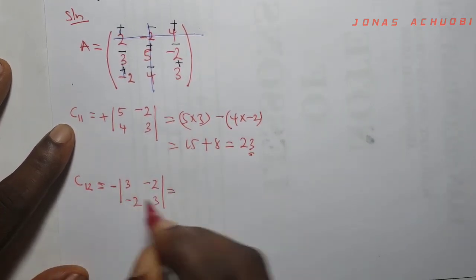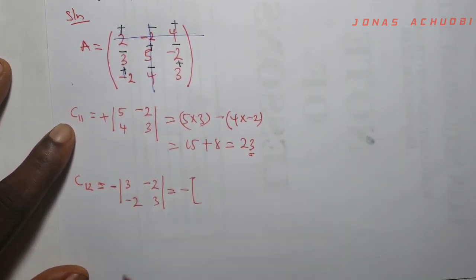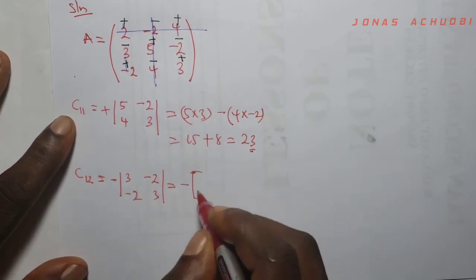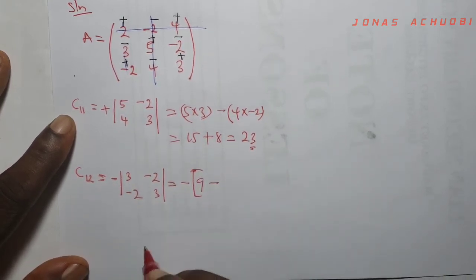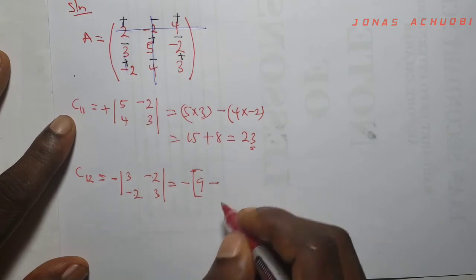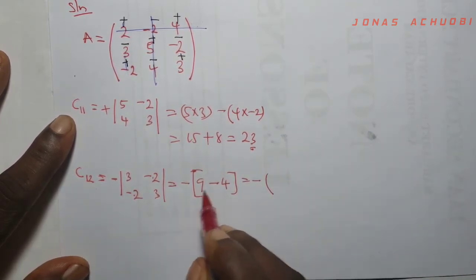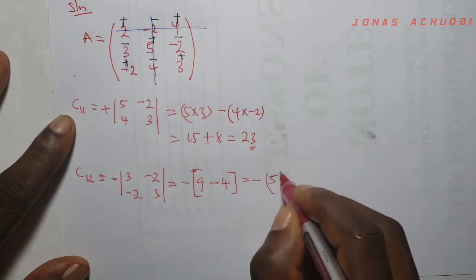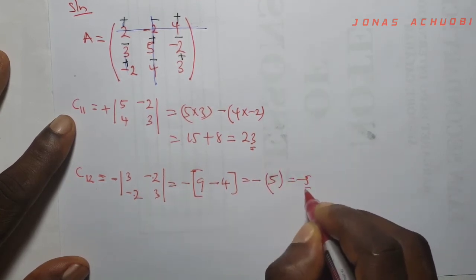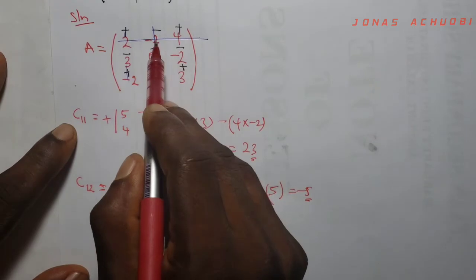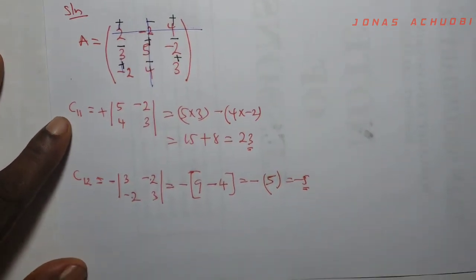So that's equal to minus into, let me leave it like that. 3 times 3 is 9, minus -2 times -2 is 4, so minus 4. That is minus into 9 minus 4, which is 5. So minus 5. So our second cofactor, which corresponds to this entry, is -5.